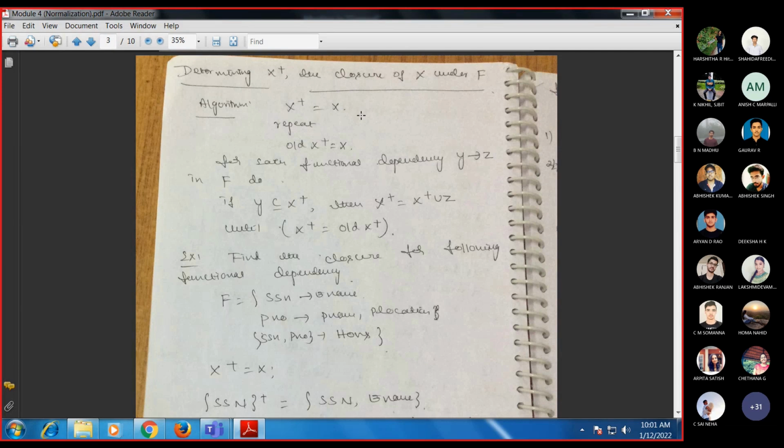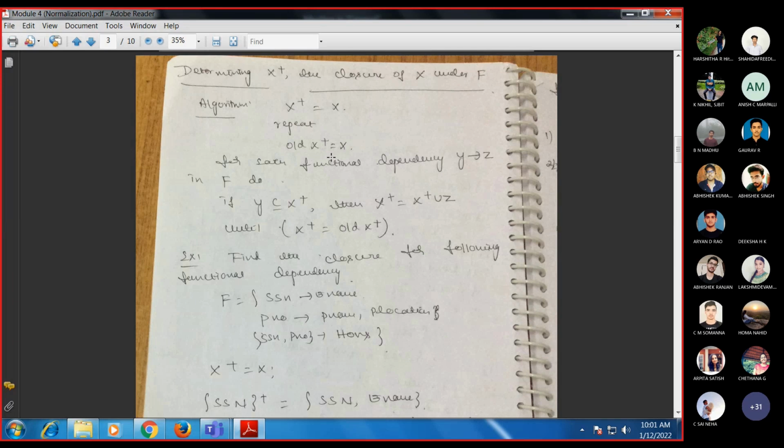This algorithm you first need to remember. Then we will go through an example, then you will come to know. For each functional dependency Y determinant Z in F. F means what? The set of all functional dependencies. For each functional dependency Y determinant Z in F, check if Y is a subset of the X closure, that is the previous closure.